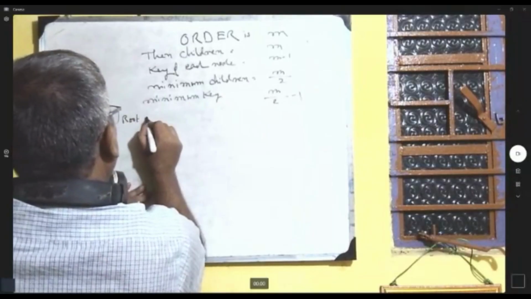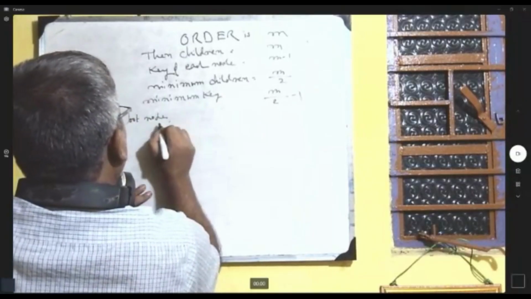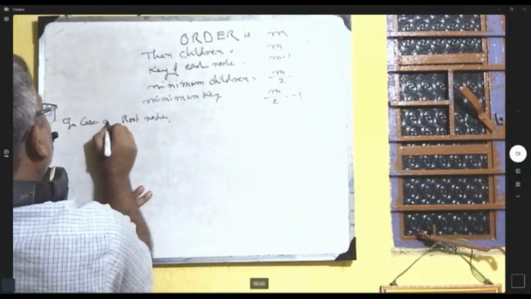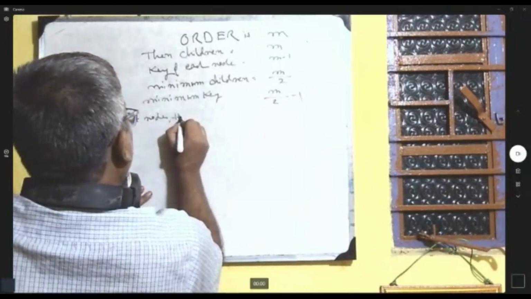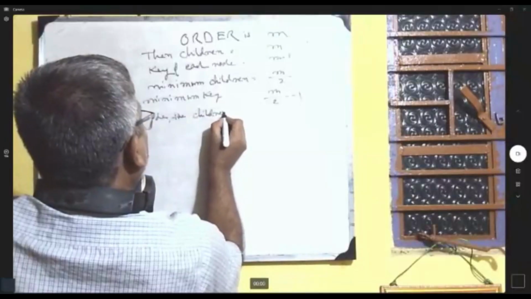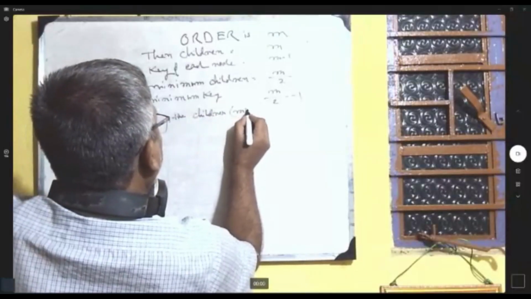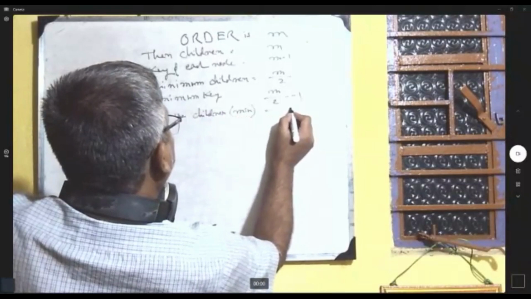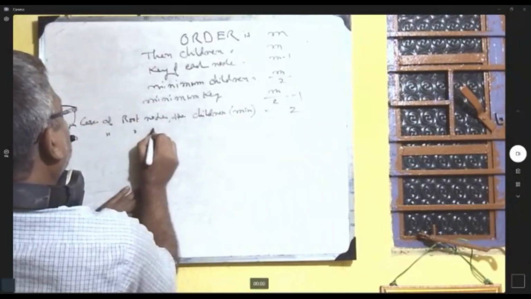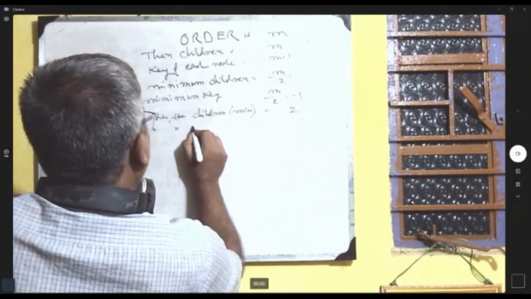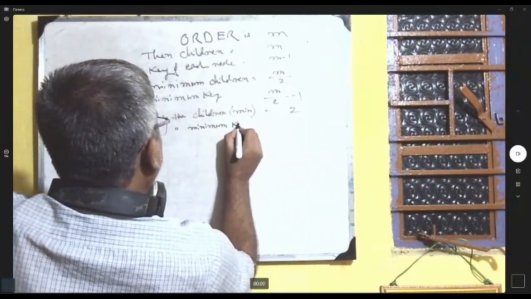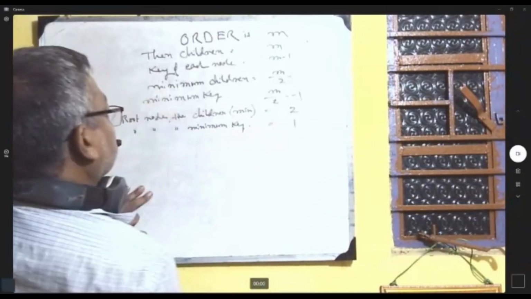In the case of the root node, the minimum number of children is 2, and the minimum number of keys is 1.